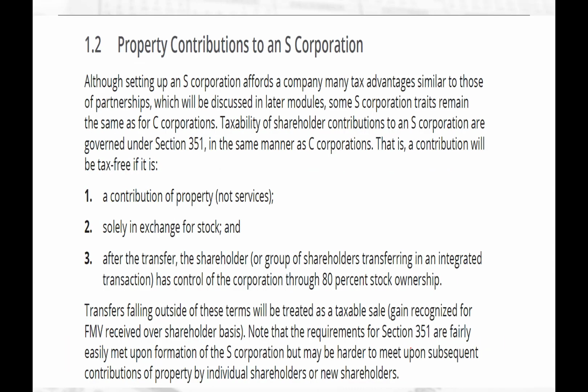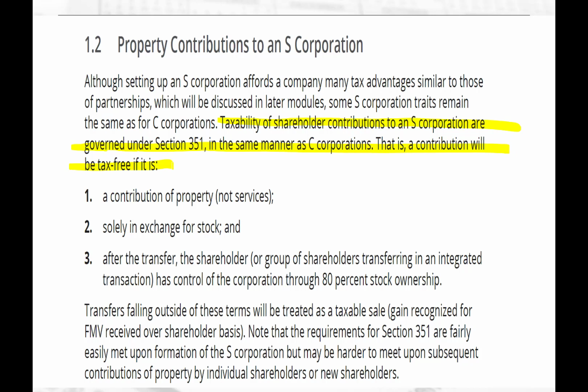Okay. Now you come over and take a look, and the taxability of the C corporation, or I should say the S corporation, when we make contributions to it, is the same as what we studied for C corporations.